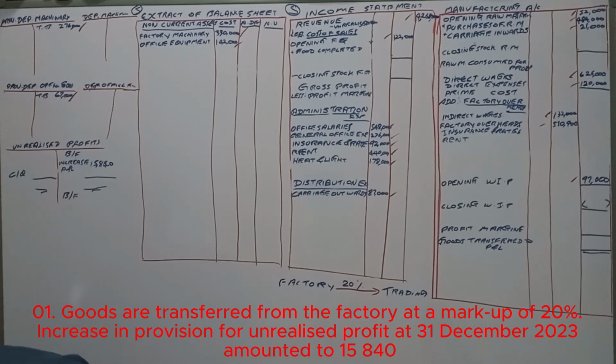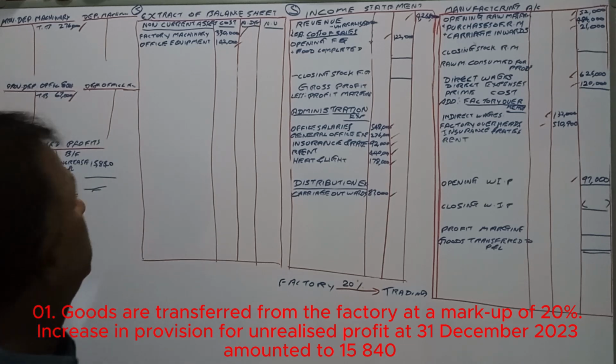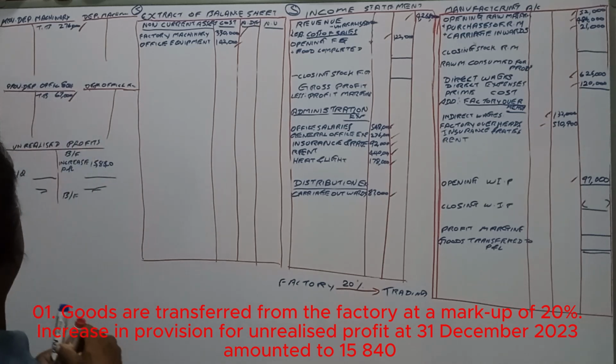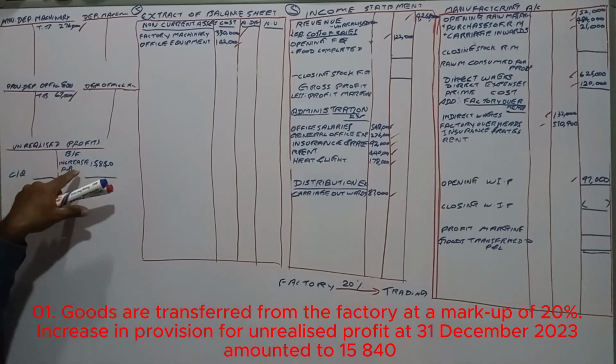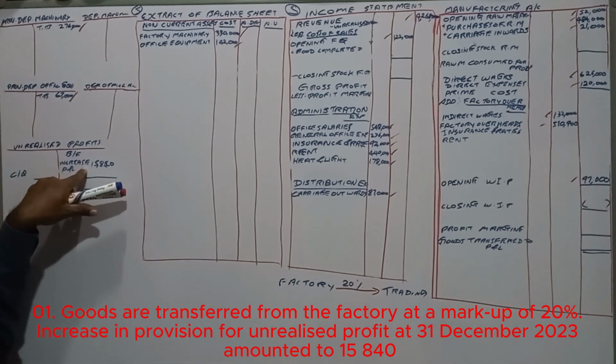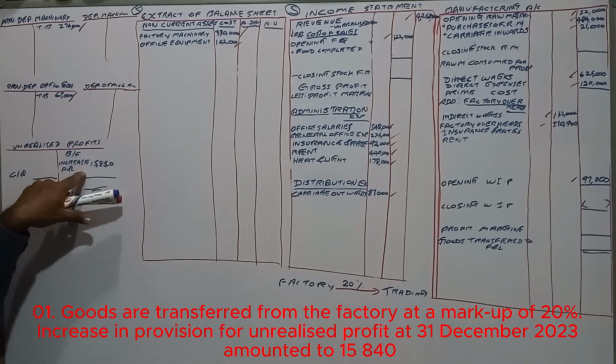Goods are transferred from the factory at a markup of 20%. The increase in provision for unrealized profit at 31st December amounted to 15,840. Increase in the unrealized profit. This does not mean carried forward, right? This is an increase.